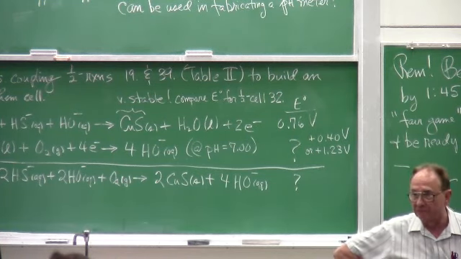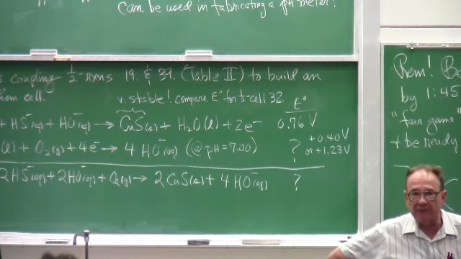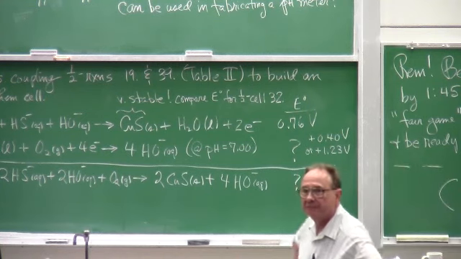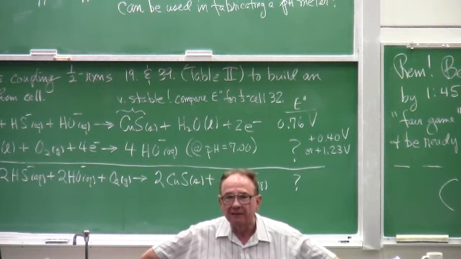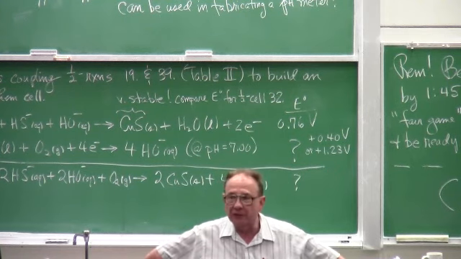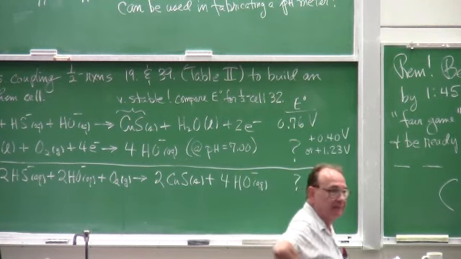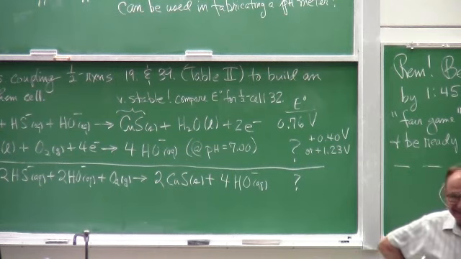In general, if you want to increase the oxidizing power of an oxidizing system, make the system acidic or basic? Acidic. If you want to increase the reducing power of a reducing system, make the system acidic or basic? Basic. That's right.